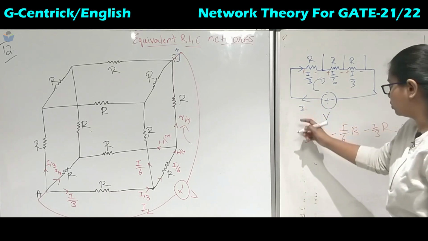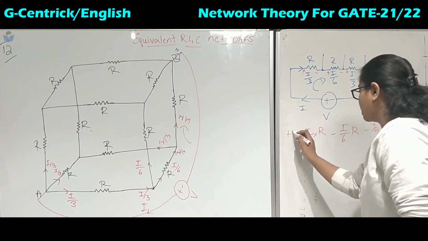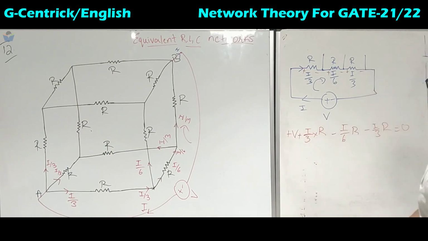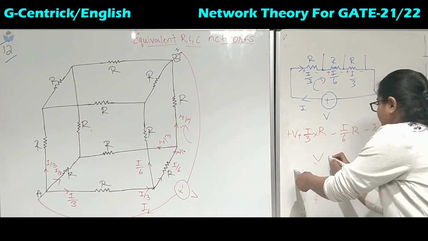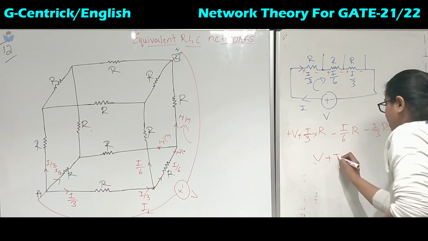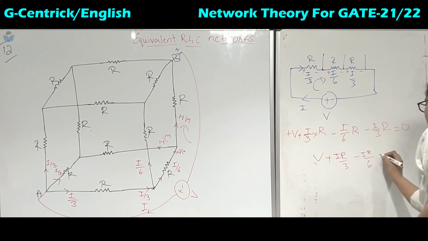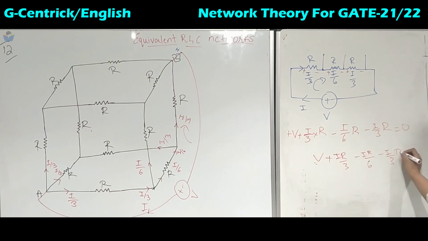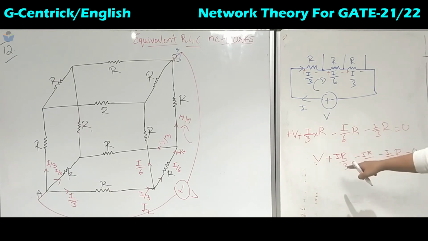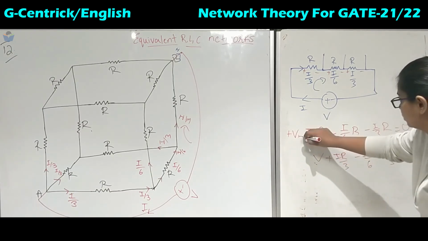Sorry, and here also it is plus V. Okay. So now if we rearrange these terms, we will get IR by 3 minus IR by 6 minus IR by 3 equal to 0. So this is minus, yeah.